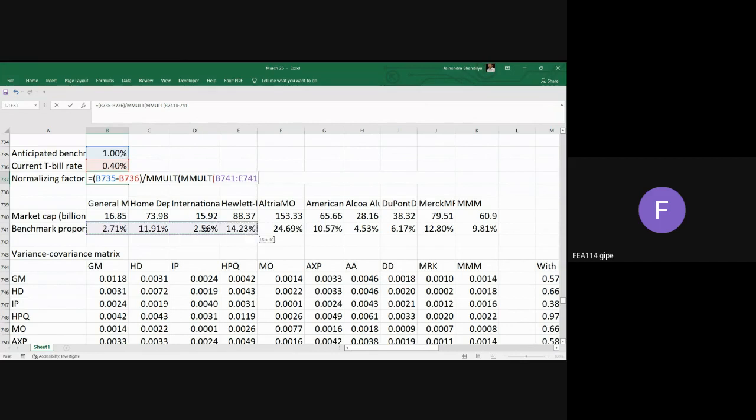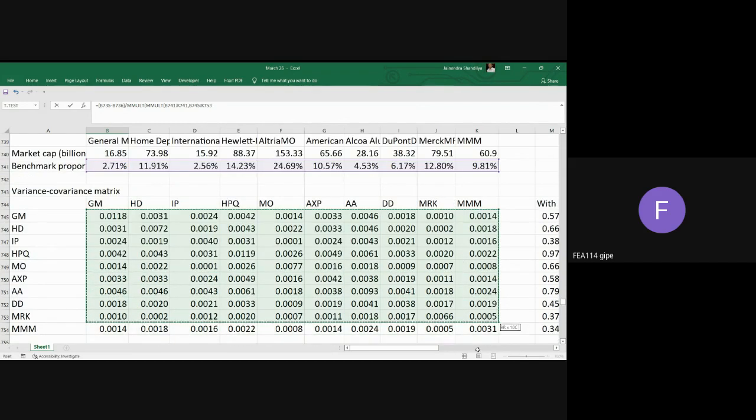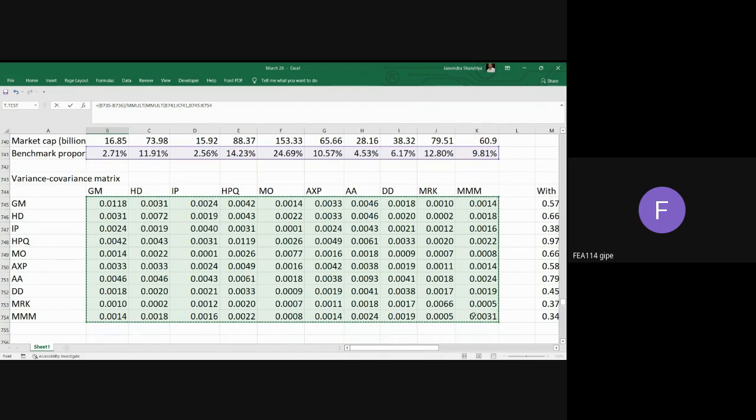The benchmark proportion is this, and then I do the variance covariance matrix. I select the variance covariance matrix.